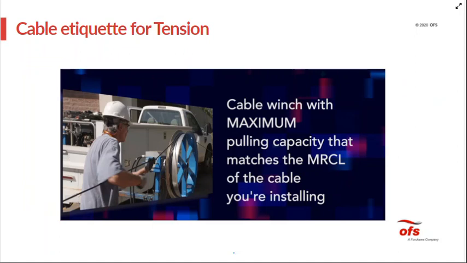So Mark had mentioned earlier that there's a couple of cable standards that basically define the properties of the cables, in particular GR20 and the ANSI ICEA specification. And they specify a lot of different mechanical properties and optical properties that are required of the cable.